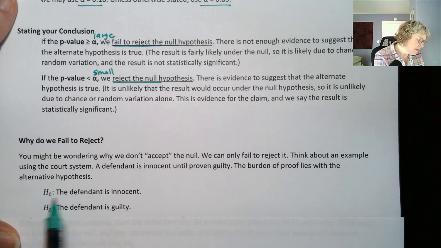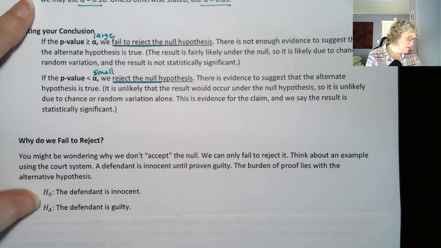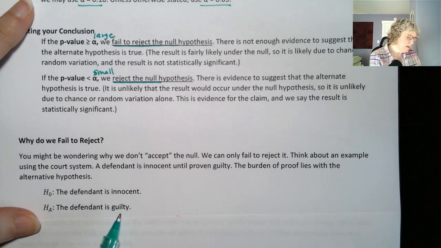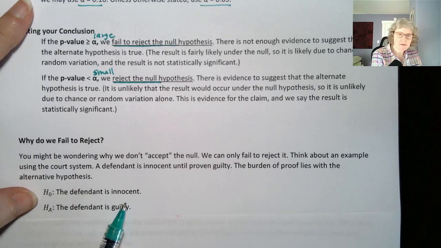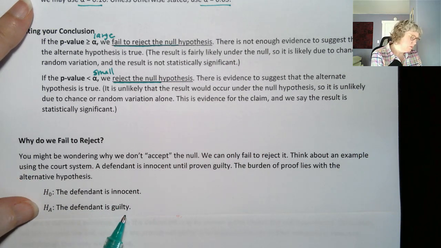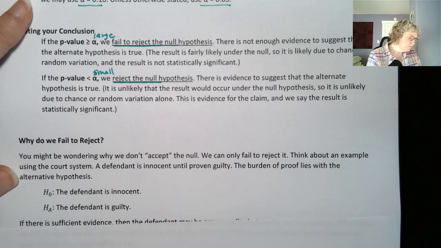Our null, in that case, is that the defendant is innocent. What the prosecutor has to prove is, they have to show evidence that the person has committed this crime, is guilty. But the burden of proof is showing the evidence. Otherwise, we just go back to the null. So if they haven't shown the evidence, then we don't reject the null. If they have shown the evidence, we reject the null, and we say that they are guilty.